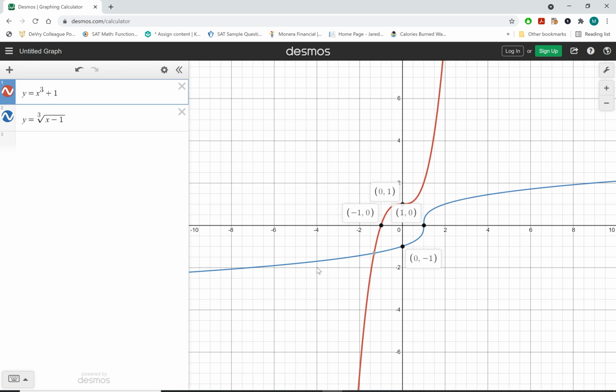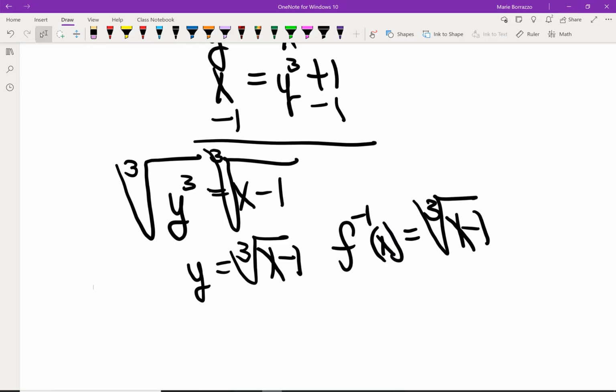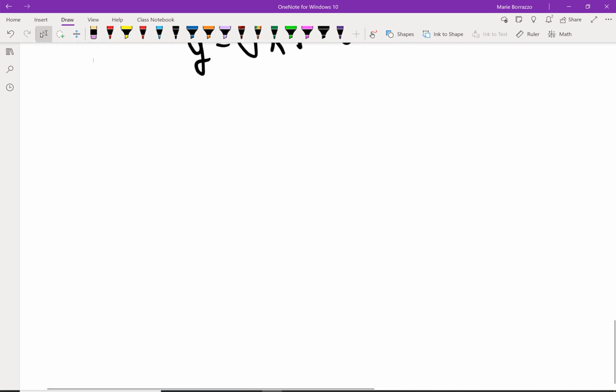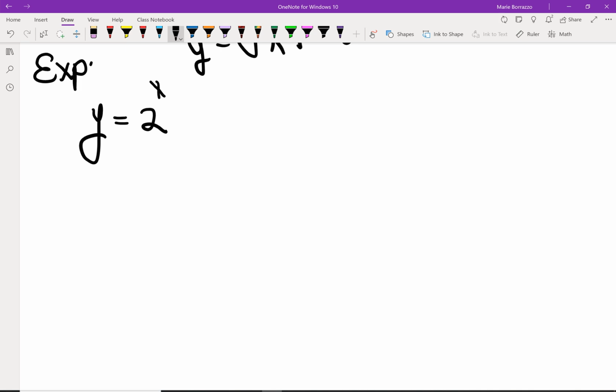So I wanted to bring that to your attention because once you graph, when we start to talk about exponential expressions, for example, so let's talk about exponential functions. So let's say I have, just as an example of the graph and how it relates just coordinate point wise, y equals 2 raised to the x. This is the exponential function.